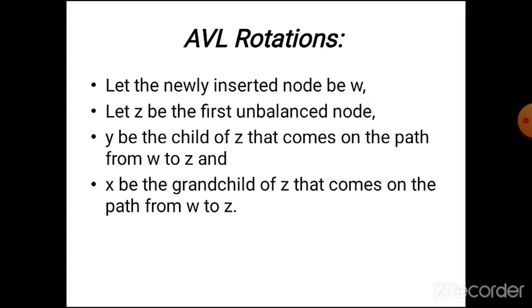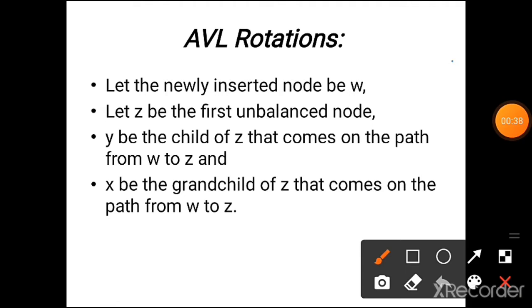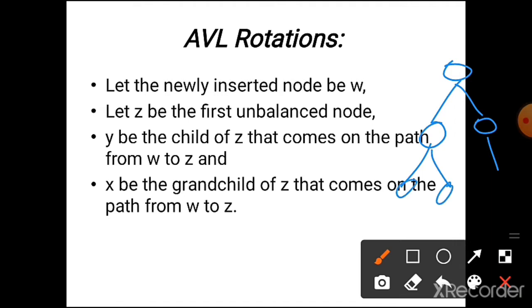Y be the child of Z. Suppose this is a tree. Then we are inserting a new node W into the tree, and starting from W, we travel up and find the first unbalanced node.